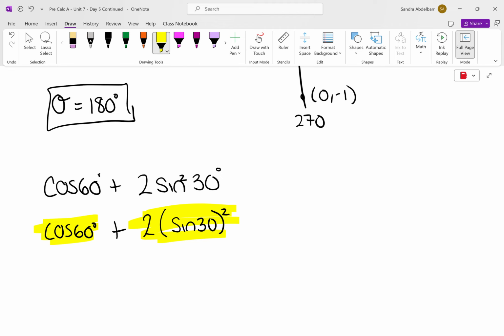So you're just making your special triangles in your quadrants, right? These are both special triangle angles, 60 and 30.